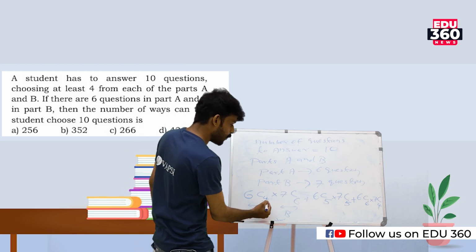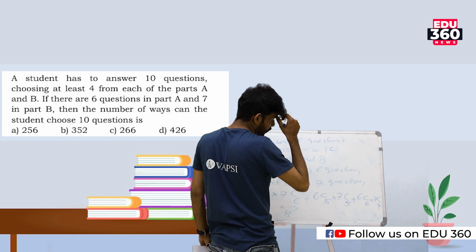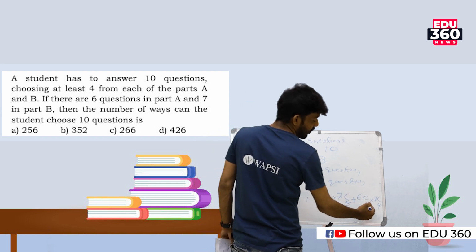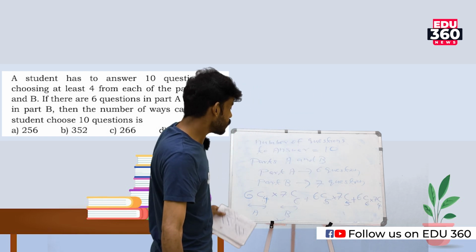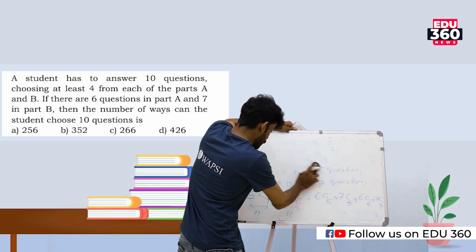Okay, so 4 plus 6 is 10, 5 plus 5 is 10, and 6 plus 4 is equal to 10. So the number of questions to answer is 10. On the next step, just substitute the values.